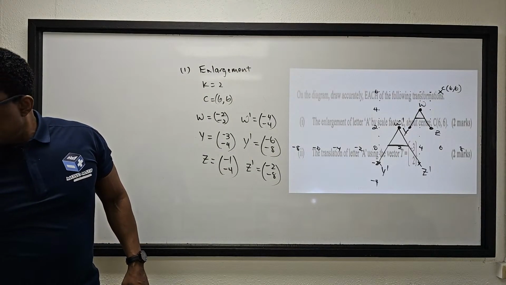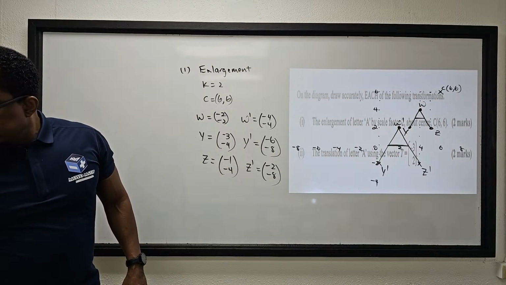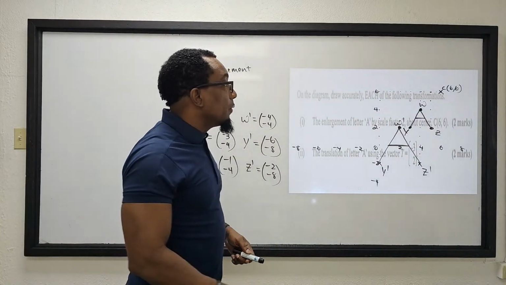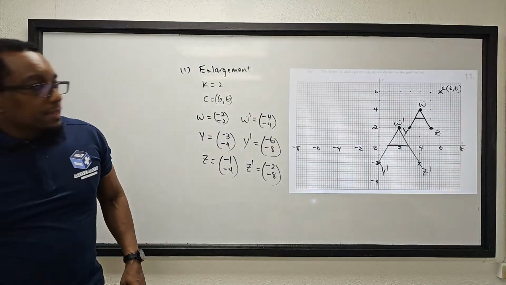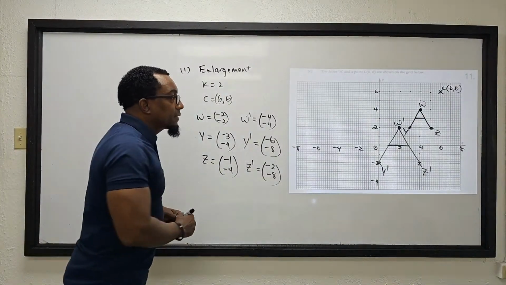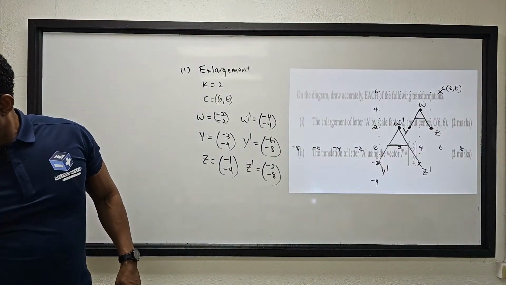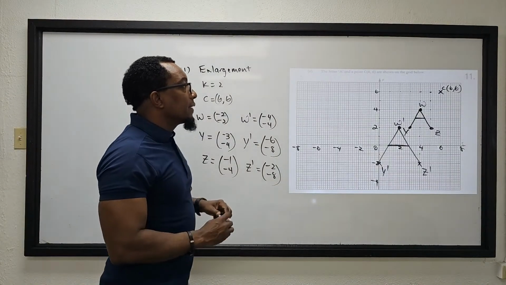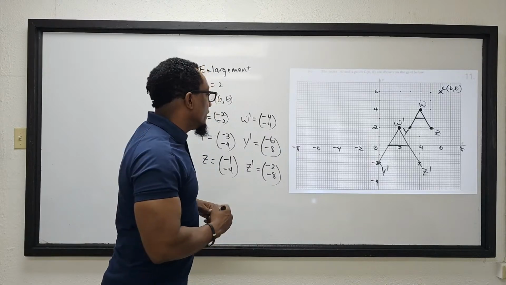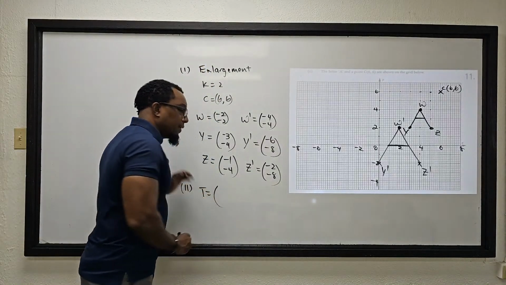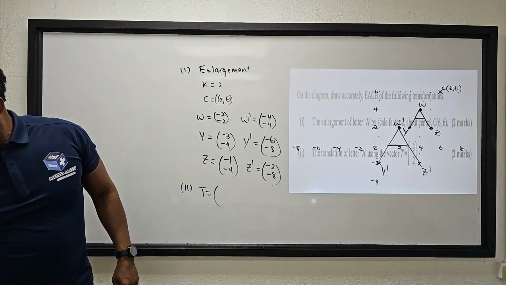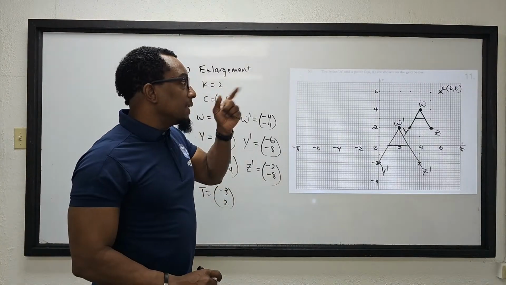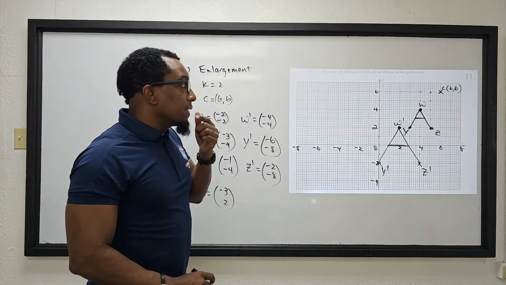And then they ask us now the translation of letter A. So they actually want us to now translate your letter A. So this is part 2. So they want us to translate that letter A using the translation vector negative 3, 2. So let's translate that letter A by negative 3, 2.